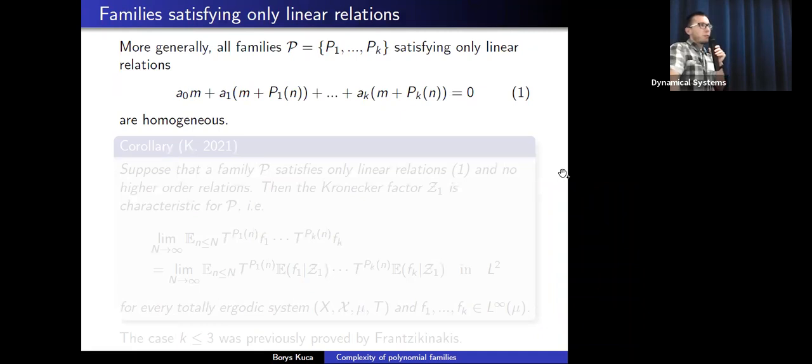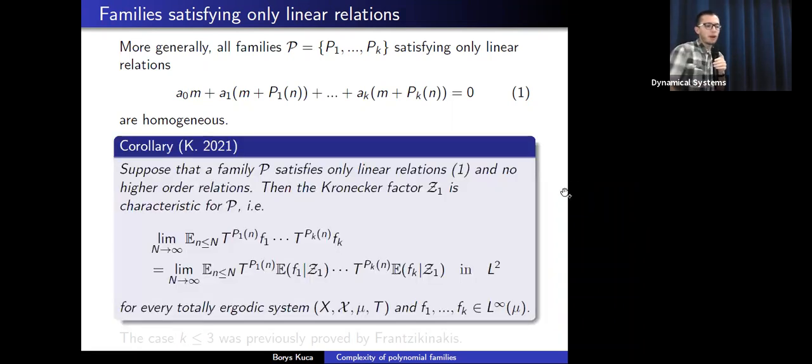And these two examples can be extrapolated. So if we have a family of polynomials that only satisfy linear relations of this form, then these families are homogeneous, okay? Because linear relations are always homogeneous. So if I have a family satisfying only linear relations, but no quadratic or higher order relations, then by the theorem, the Kronecker factor Z1 is characteristic for this family.